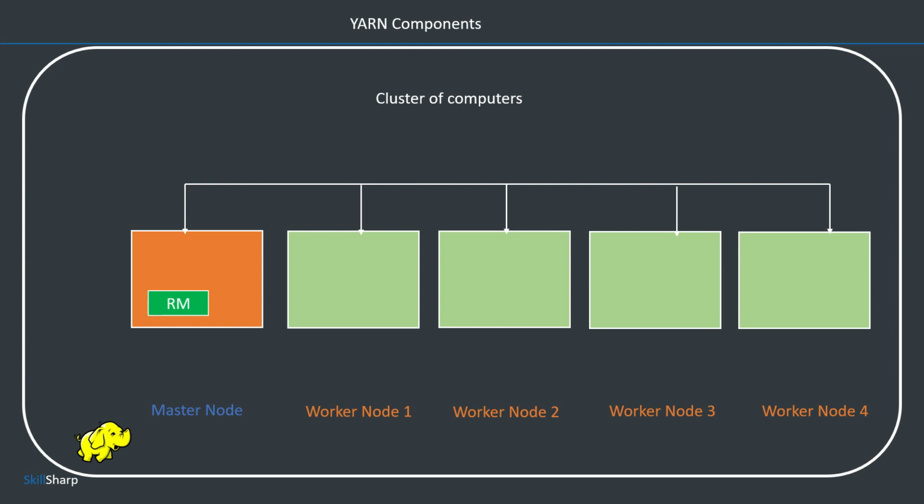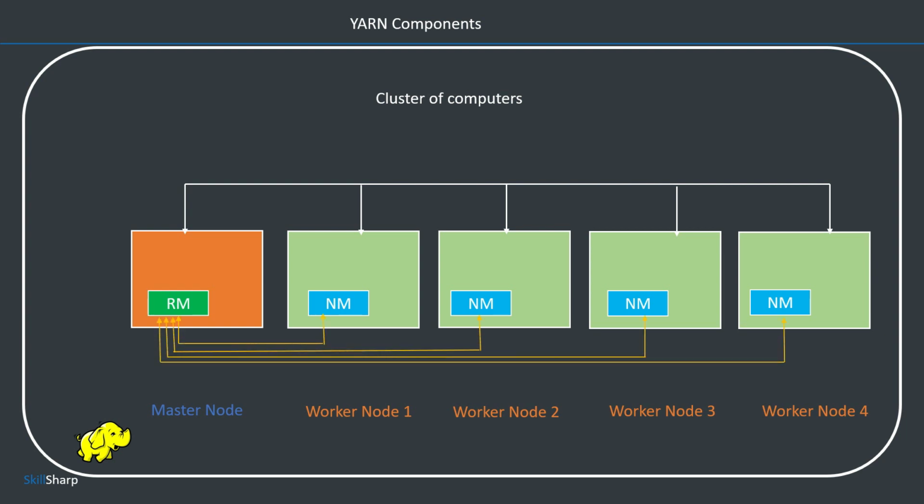In the master node, the resource manager is deployed as a container. A container is nothing but an executable part, or you can imagine it as a VM at the operating system level, or one layer above the operating system. So the resource manager is deployed on the master node, and on all other nodes the node manager is deployed to manage the resources of that specific node.